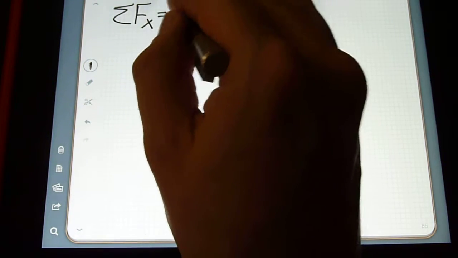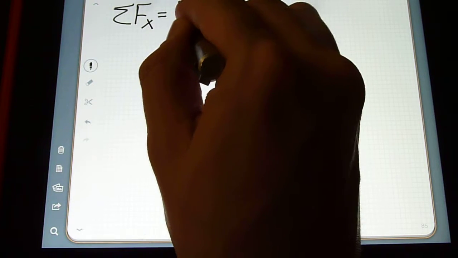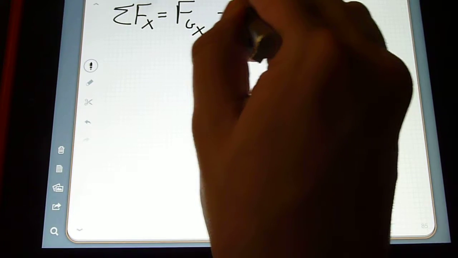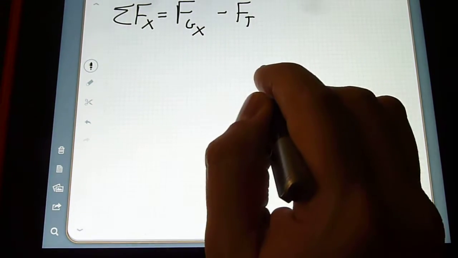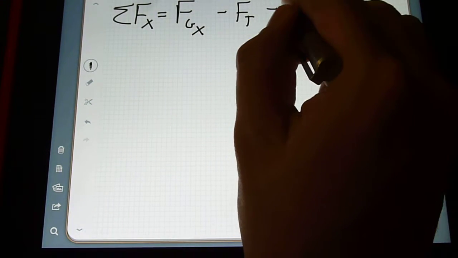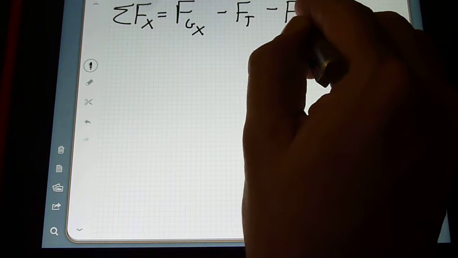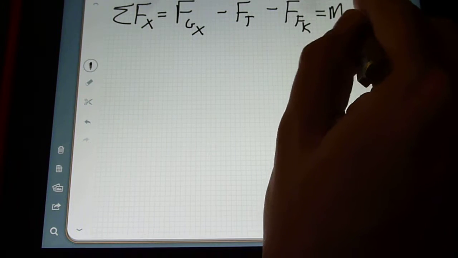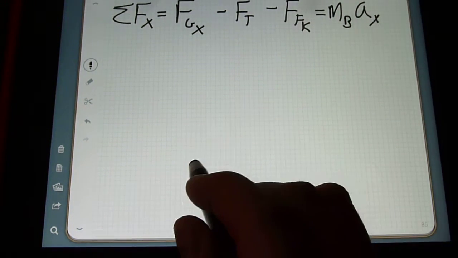So my sum of forces in the x direction: we had the gravitational force, the x component of that, minus my tension force, then minus my kinetic friction force. That's going to be equal to m_B times the acceleration in the x direction.